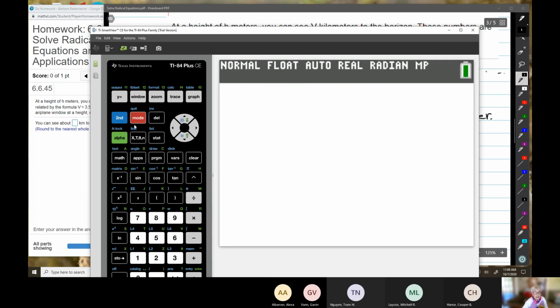I hope you can see the arrow. What I'm doing is hovering over the mode key, and above the mode key is quit. The way you access quit is you push the second key first and then mode. Either that or clear will get you to a blank screen.